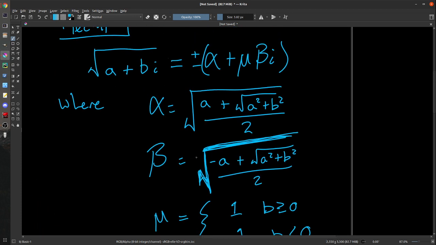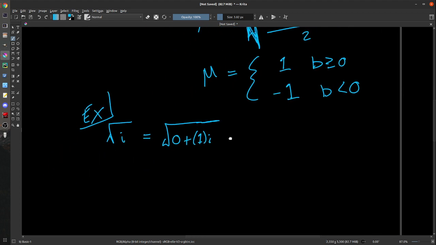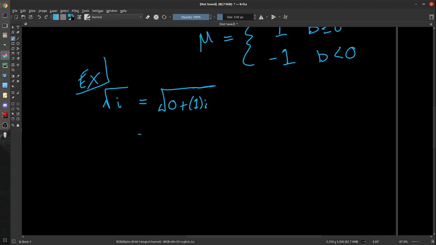If we go through and actually compute some stuff out, this will be plus or minus the alpha term. The alpha term is given by one big square root here, so it's going to be a, that's 0, plus the square root of a squared, so that's 0 squared, plus b squared, that's 1 squared.